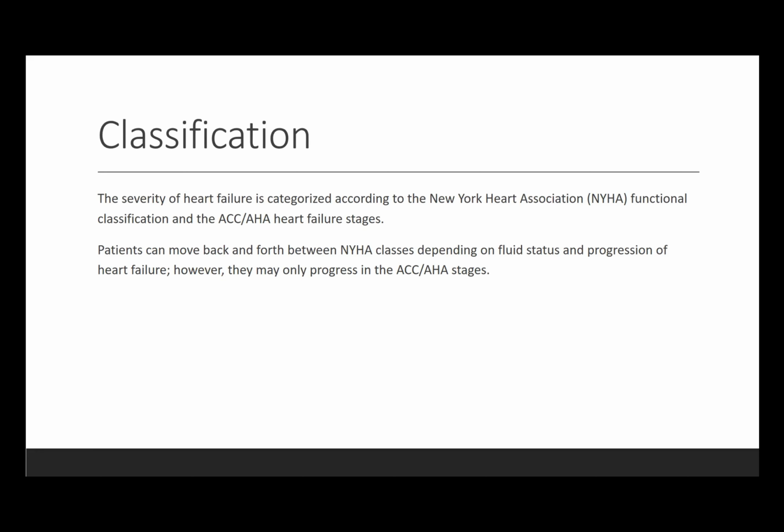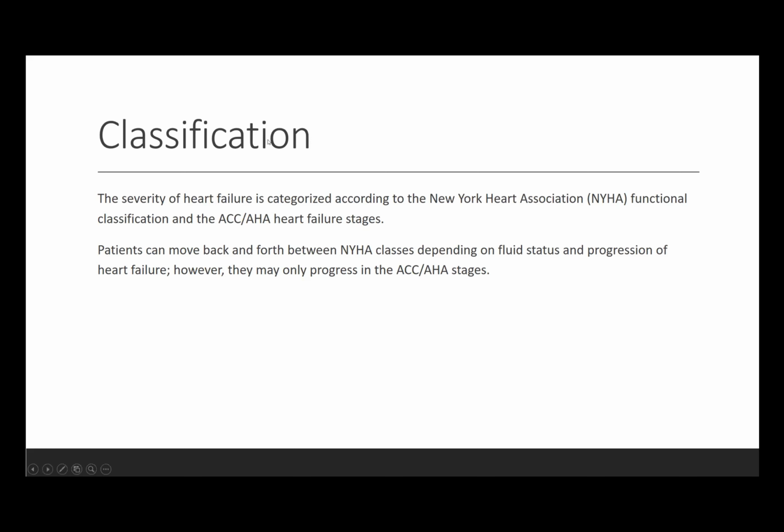The difference between the ACC classification and the NYHA classification is that a patient may go up and down in the NYHA. A patient might be class 3, improve with guideline-directed medical therapy, and later be class 2, whereas the ACC classification is purely progressive: once you go ahead, you don't come back.